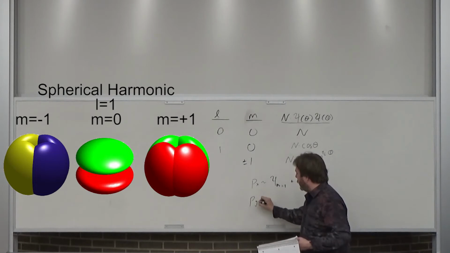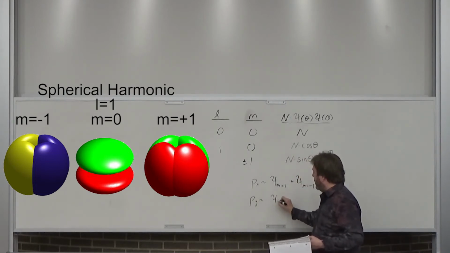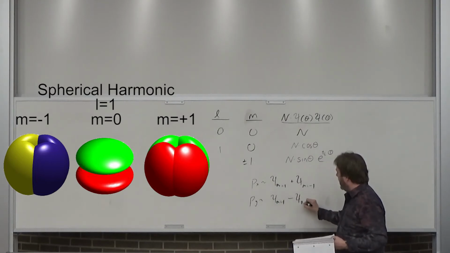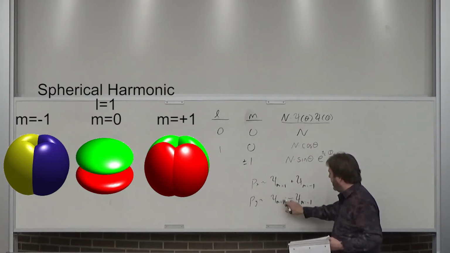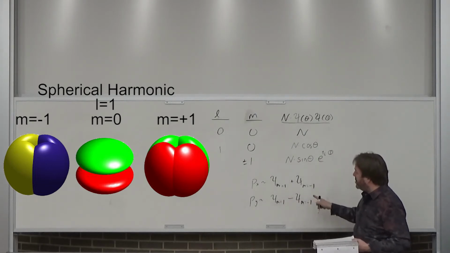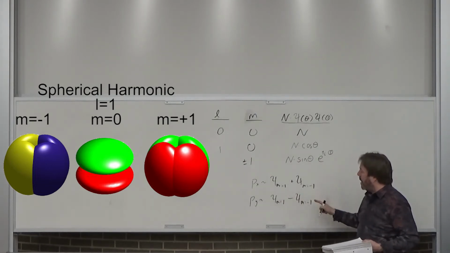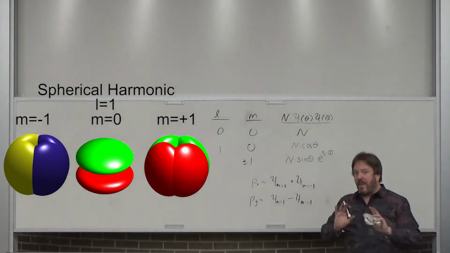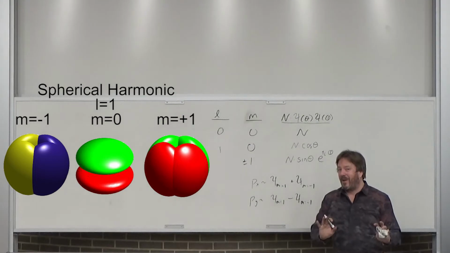I might have that reversed, by the way. I better check that out. Anyway, linear combinations of the plus and minus 1 are where you get px and py. Now, maybe I just forget it for now.